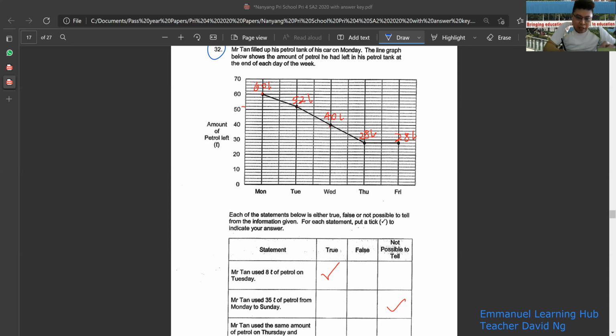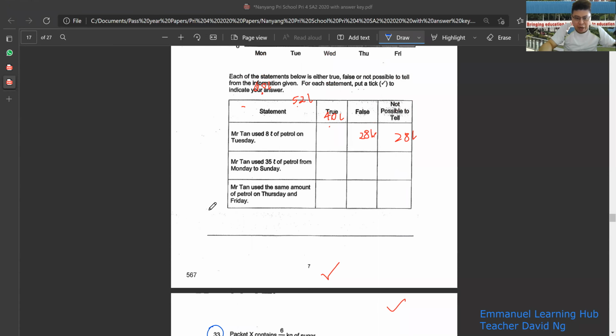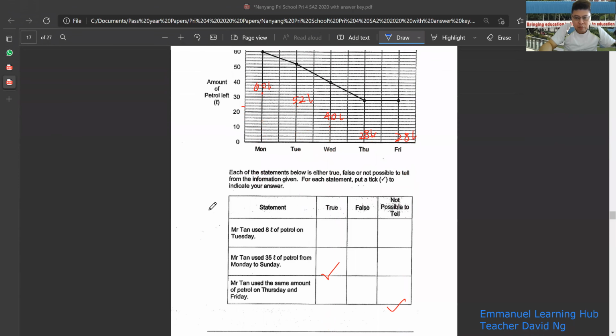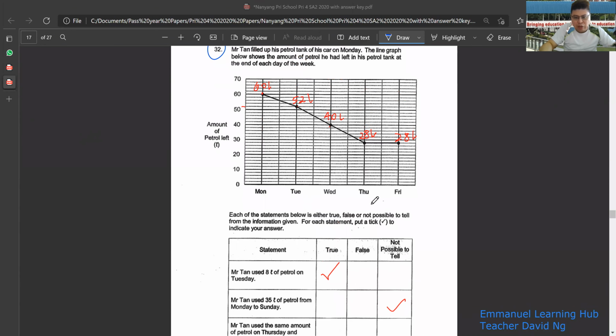Okay, then the next one. Mr. Tan used the same amount of petrol on Thursday and Friday. True or false?